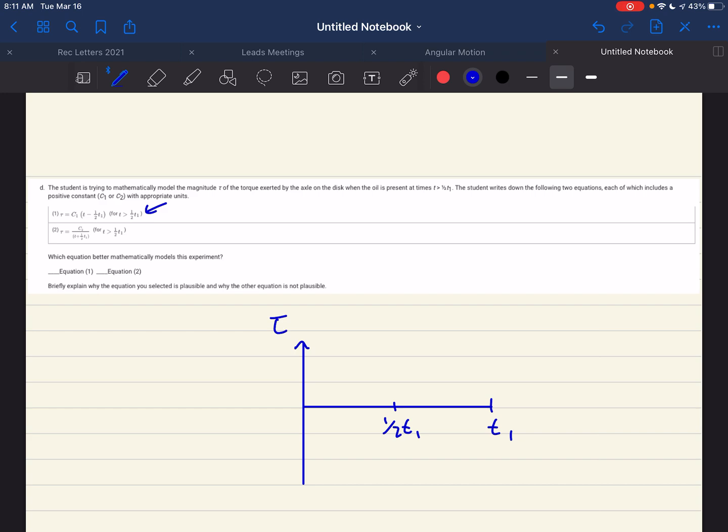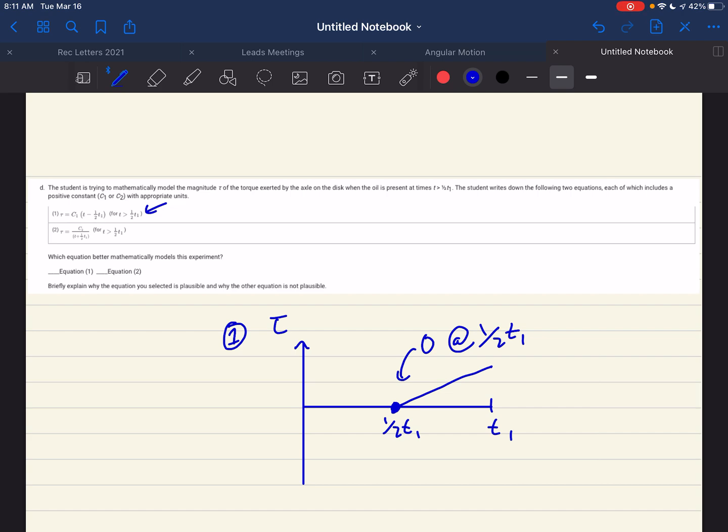They're saying that the torque would be negative at first, and at 1/2 T1 the torque would be 0. So it would start there, and then it would gradually become more and more positive. That's what equation 1 gives, which doesn't really make sense.